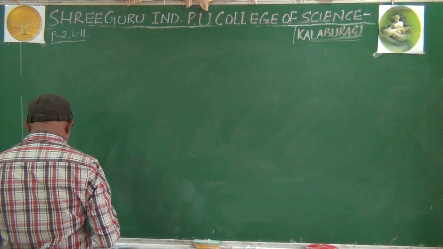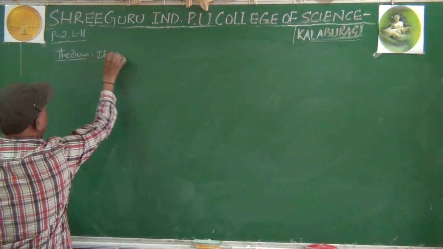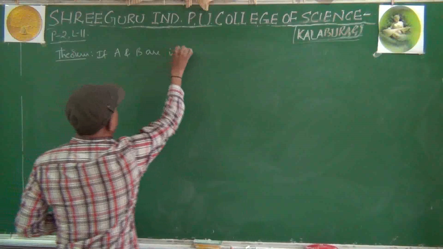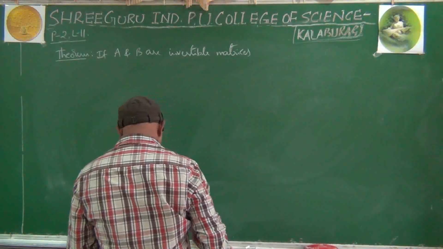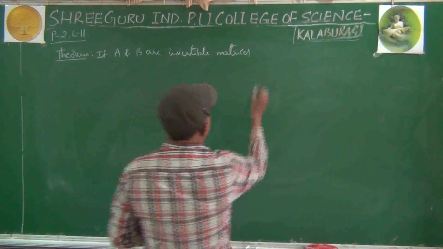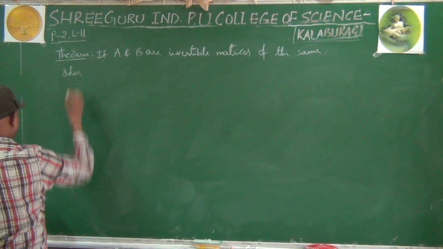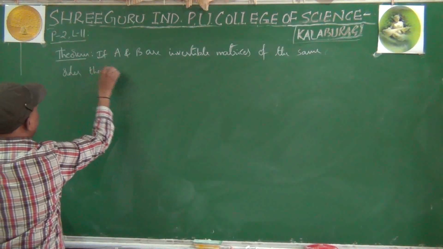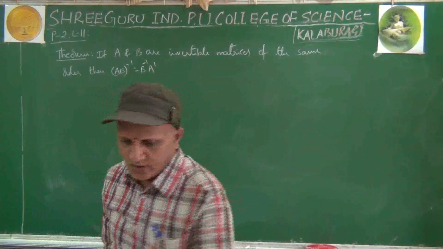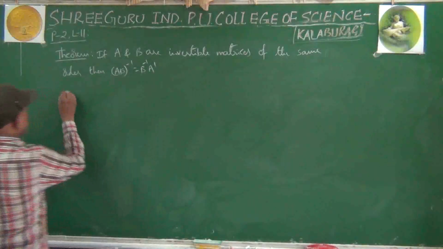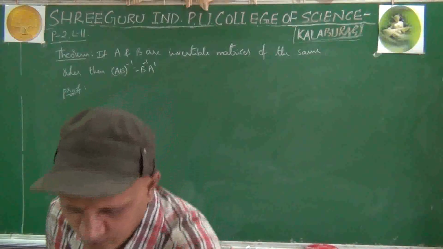The theorem is: if A and B are invertible matrices of the same order, then AB whole inverse equals B inverse A inverse.